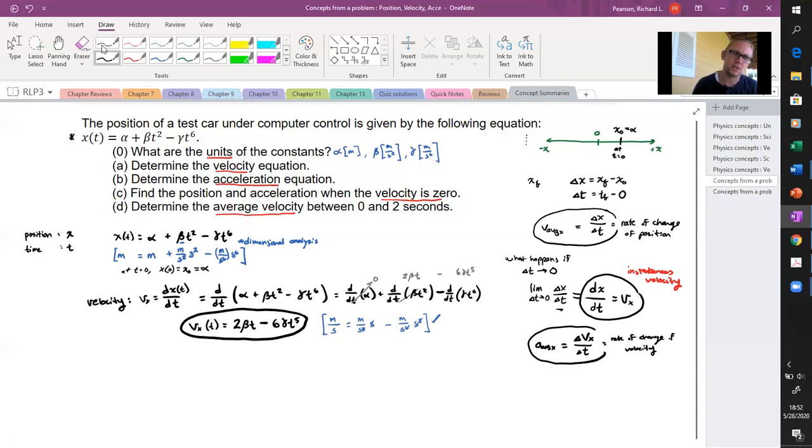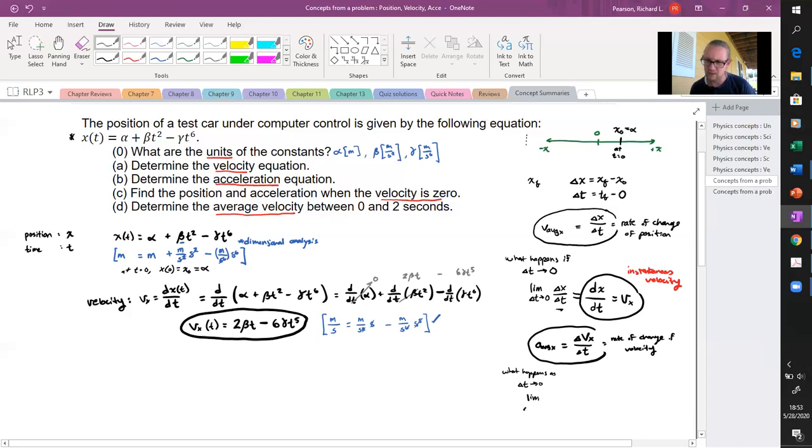Now, the question then becomes, what happens as our delta t goes to 0? This is our limit again. So we can talk about the limit of delta t going to 0 for this rate of change of velocity. What does this turn into?